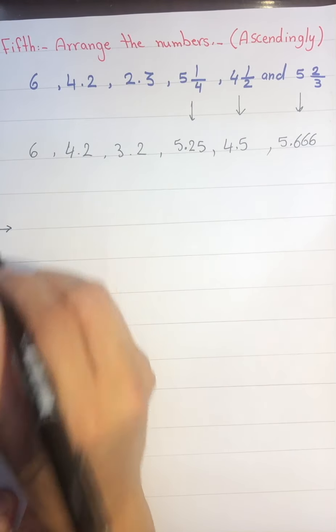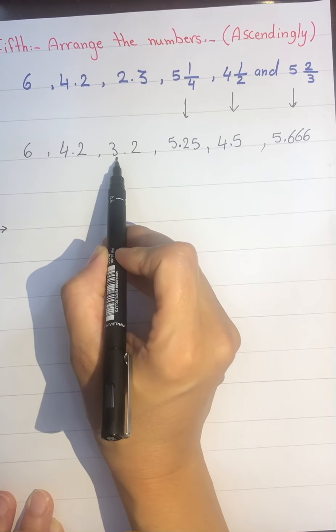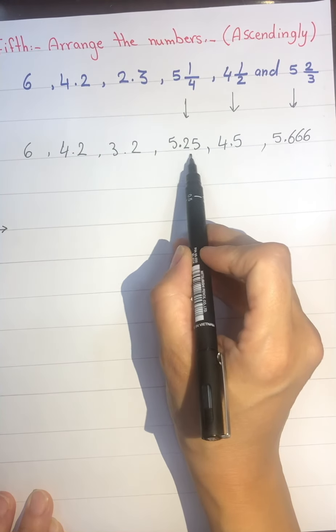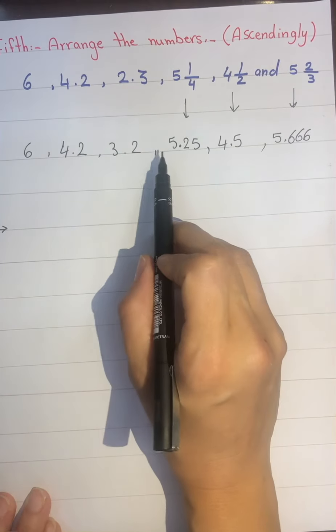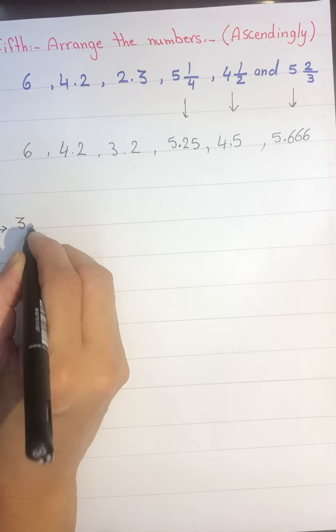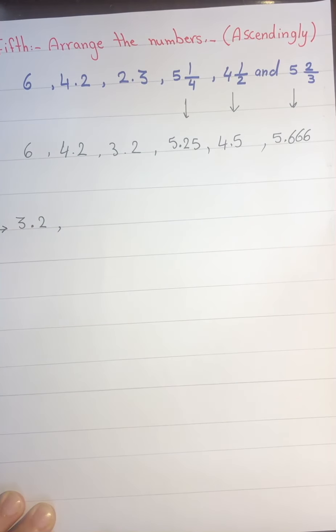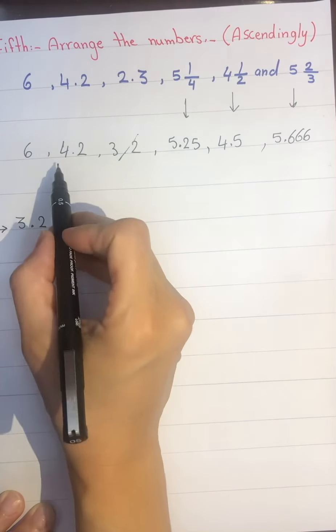The first step, arrange. Okay, look at this. 6, 4.2, 3.2, 5.25, 4.5, 5.666. Which is the smaller one? 3.2. The first, 3.2. After that, 4.2.